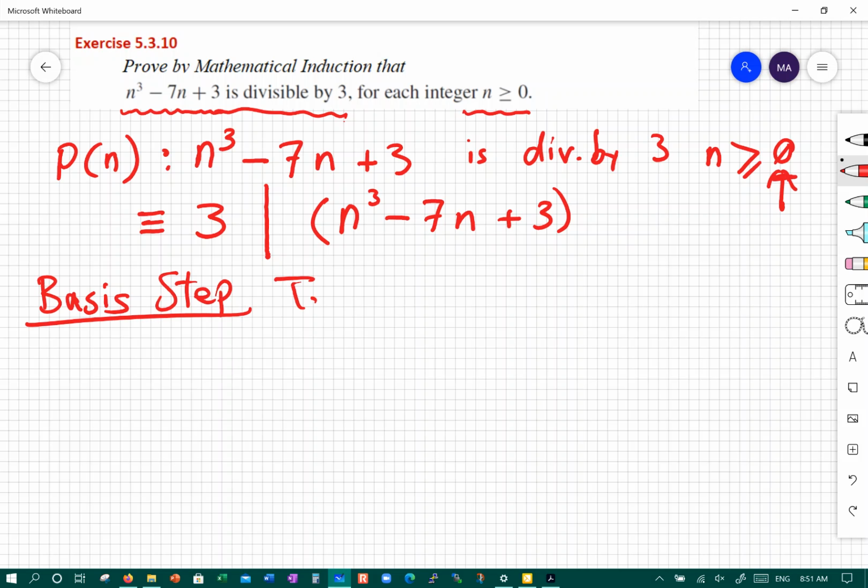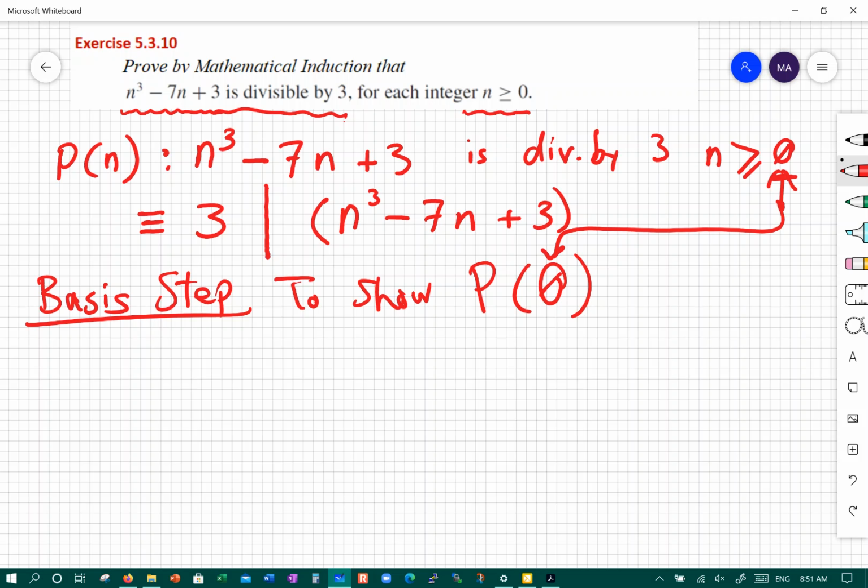To show the property or the predicate is true at the initial value, whatever that initial value is. So it doesn't have to be 0, by the way. Sometimes claims are made for integers greater than or equal to 13. So your basis step is to show that the property is true at 13, whatever the initial value is.